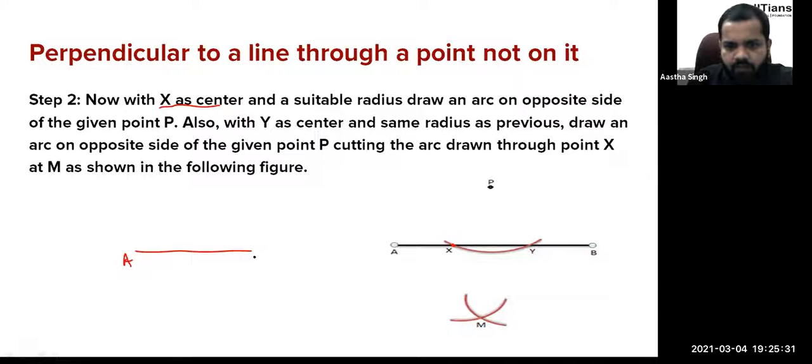You are given a line AB and an external point P through which you have to draw a perpendicular.